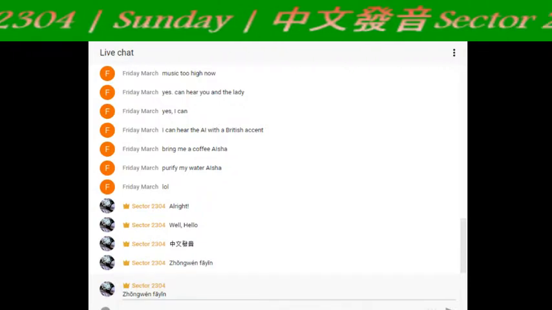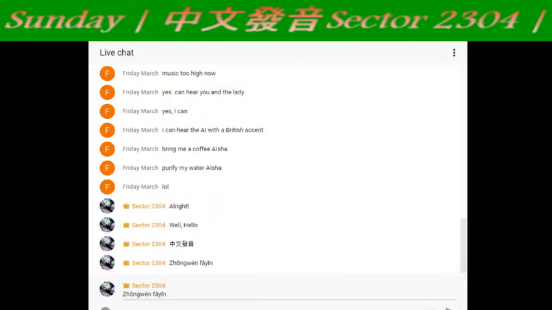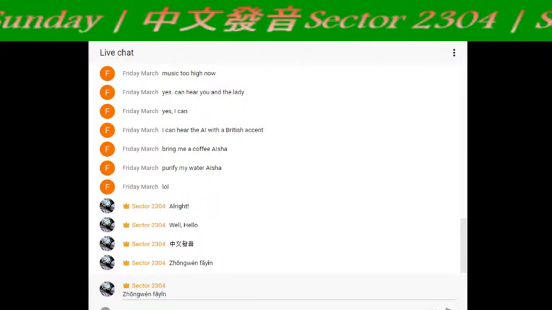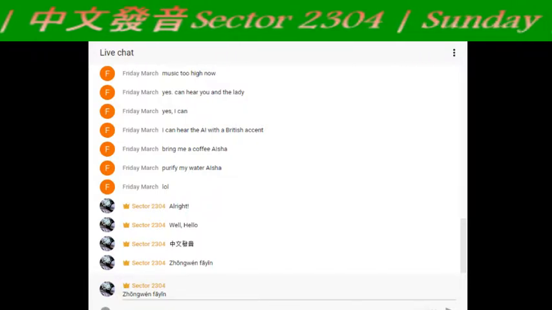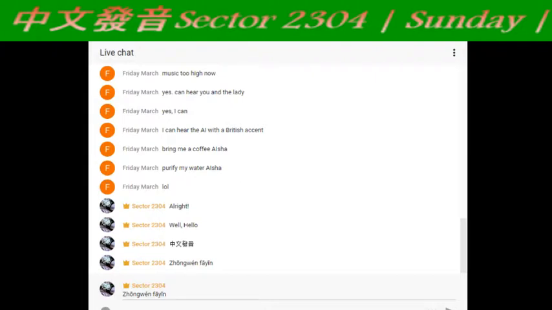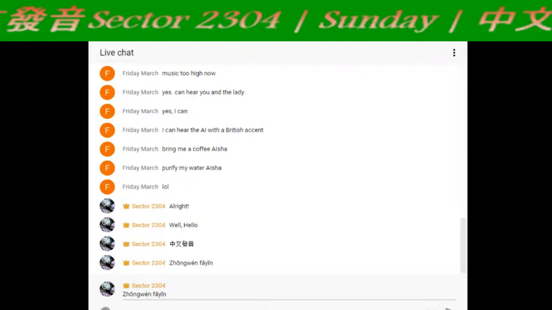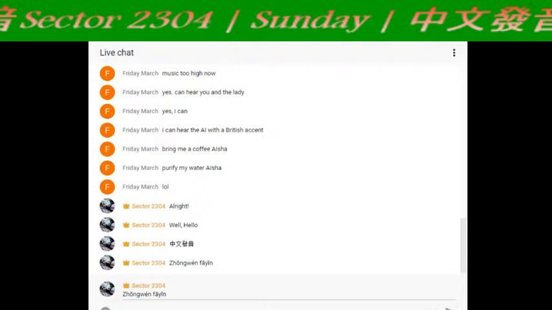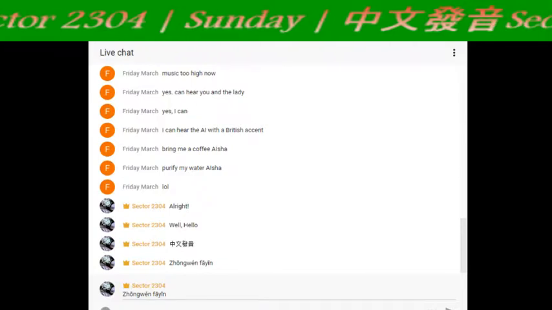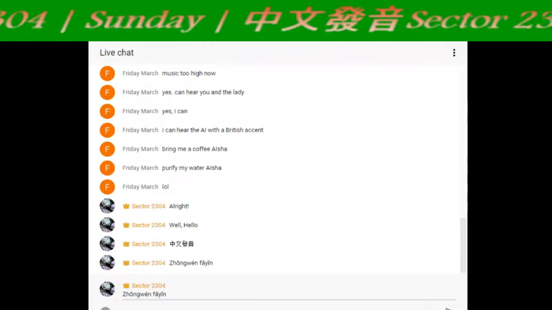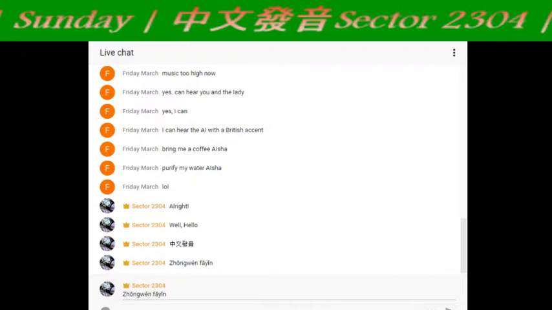So the Latin text you see that looks like it says Zhong1 Fa1yin is actually pronounced Zhong1 Fa1yin, right? And that means Chinese pronunciation.